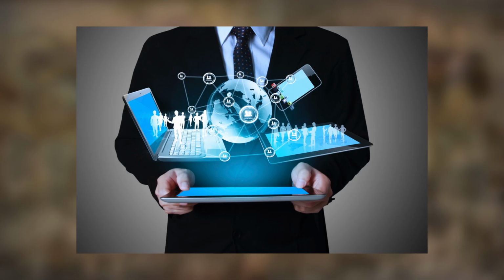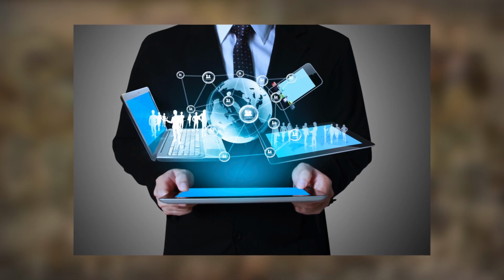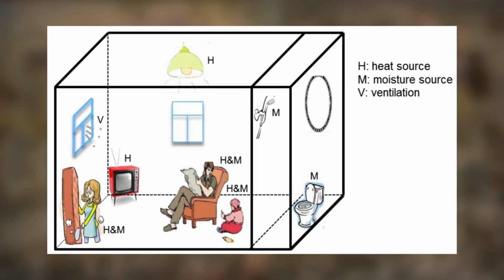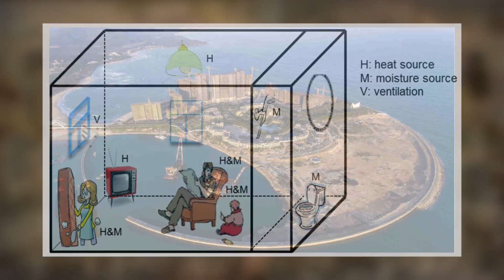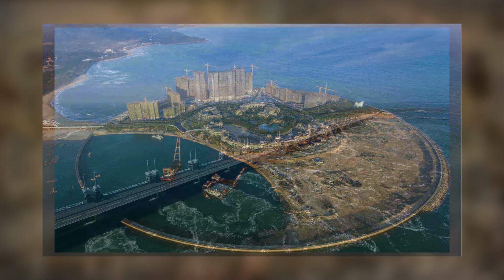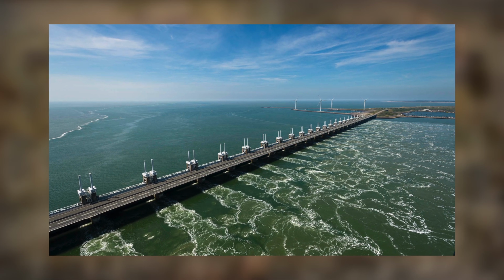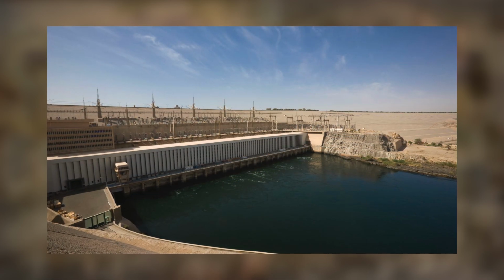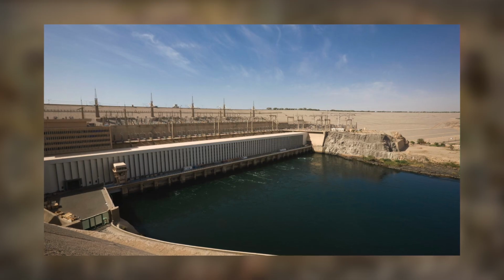So, the ecumene has been further extended by technology. New areas of human occupancy have been created by drainage and land reclamation schemes such as the Delta project in Holland, or by large scale irrigation schemes such as the Aswan Dam in Egypt.